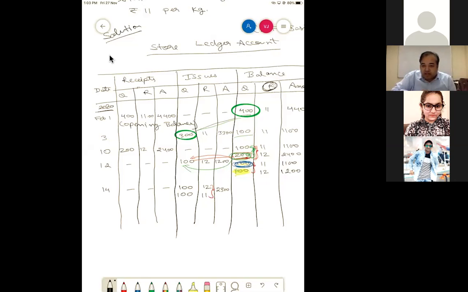So 100 from yellow and then 100 from blue. 100 at the rate of 12, and 100 from blue at the rate of 11. Now 1200 plus 1100 makes 2300. Clear? Now what is the balance left now? It is nil. No balance. So you write down nil.